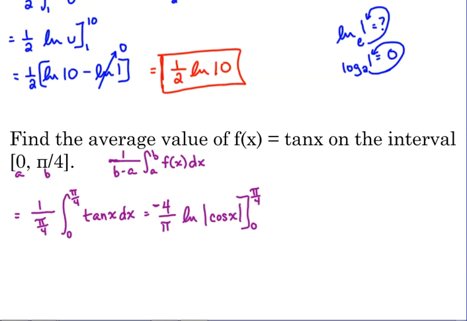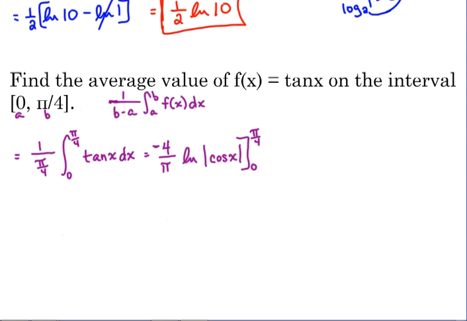We're evaluating that from 0 to pi over 4. There was no u substitution here, so we just leave the limits the way they are. If it had been tangent of x squared or tangent of 4x, then yes, we would have changed the limits.